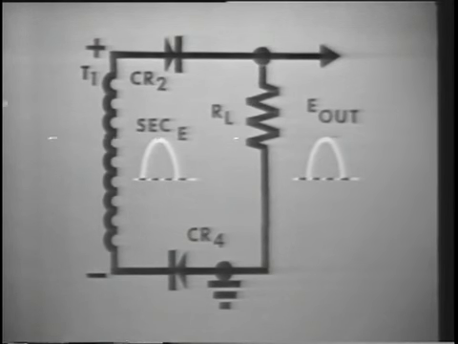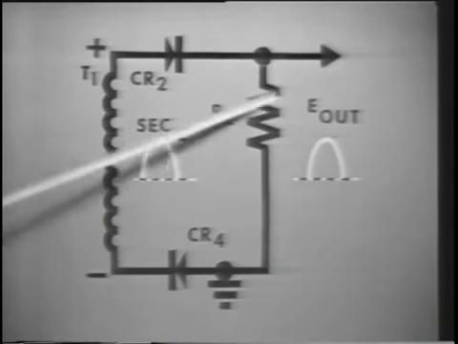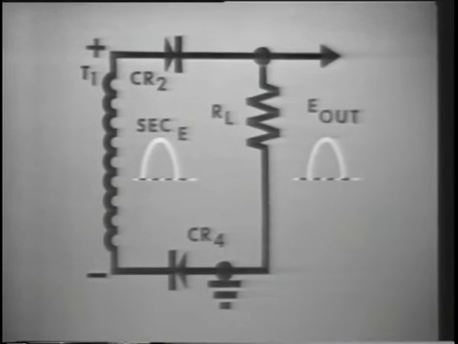Positive on the top of the secondary, the same positive on the top of the load. Ground on the bottom of the secondary and ground on the bottom of the load. The load is in parallel with the secondary. Now it should be obvious that whatever voltage is felt on the secondary will also be felt on the load.